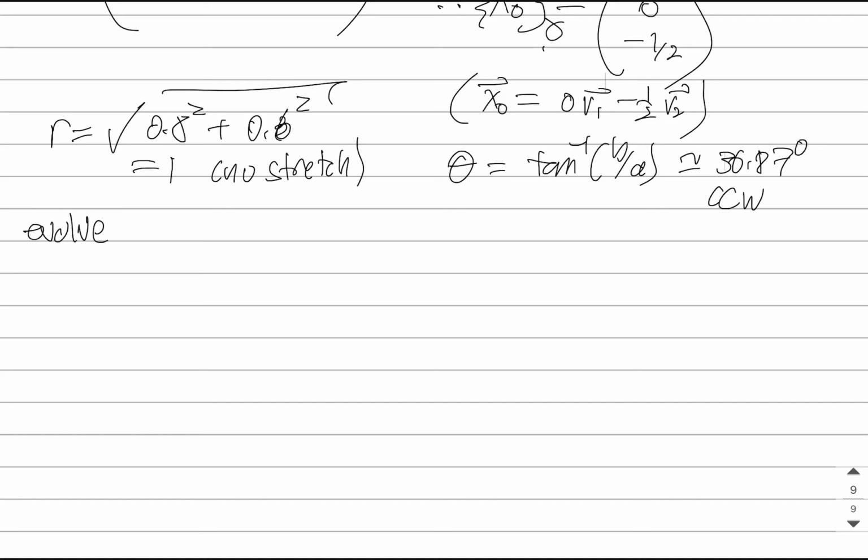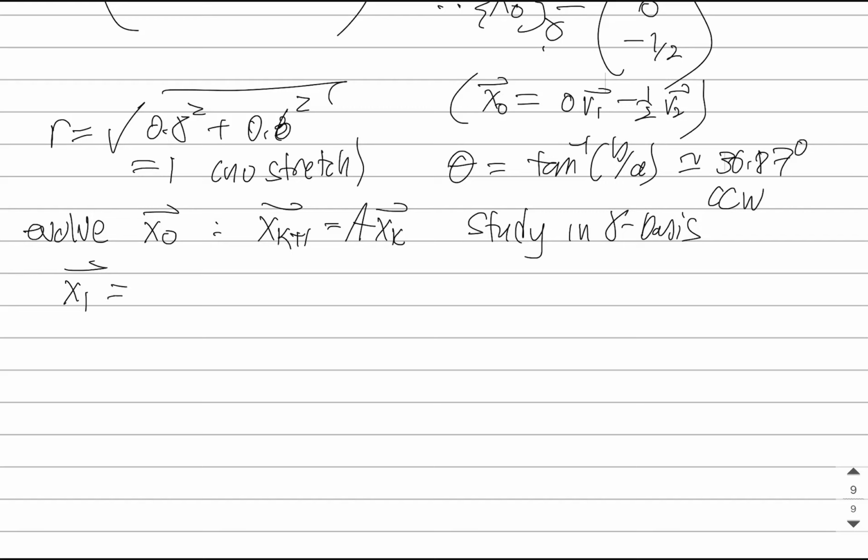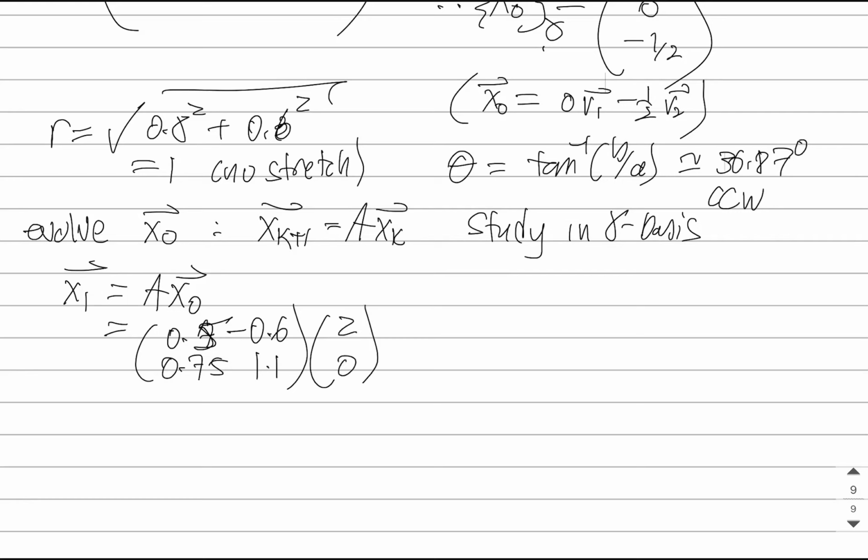Now we're going to evolve x naught according to this dynamical system. x1 in the normal basis would just be me doing a straightforward matrix multiply with the vector in standard basis, and I would end up getting 1 and 1.5.